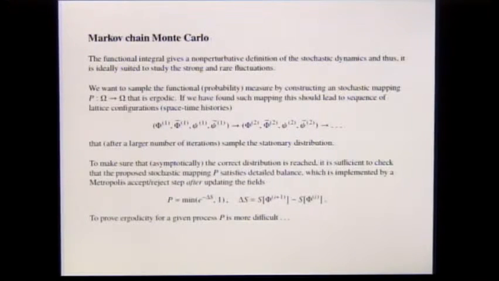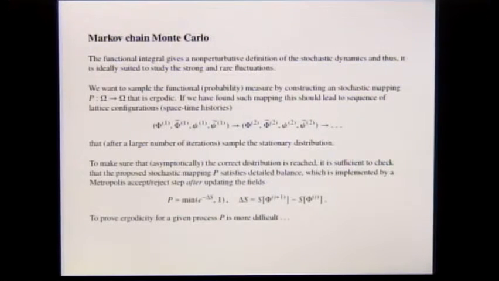procedure. Of course, we want to make sure that after a sufficiently large number of iterations, optimally they should be small, we sample the stationary distribution. And in fact, we can make sure that this is satisfied by checking that the algorithm that we construct satisfies detailed balance. So this can be done by using a Metropolis accept-reject step.